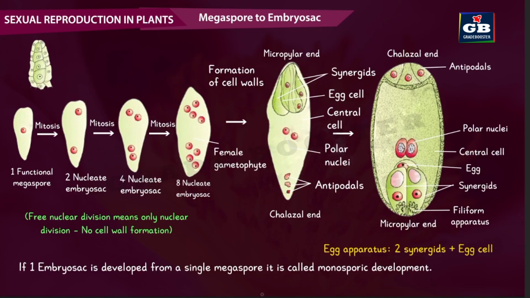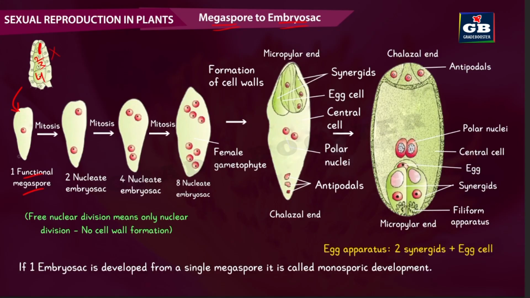Now let us see the development of the embryo sac from the megaspore. We have seen that four megaspores are formed, 1, 2, 3, 4. Out of these, three disintegrate and disappear, and one remains. That one develops into a functional megaspore.